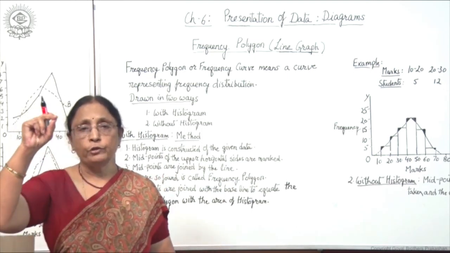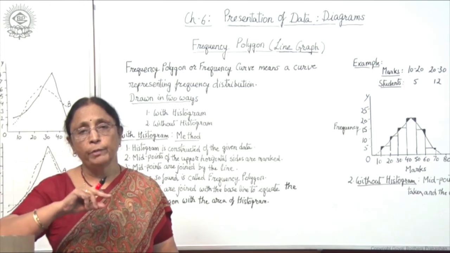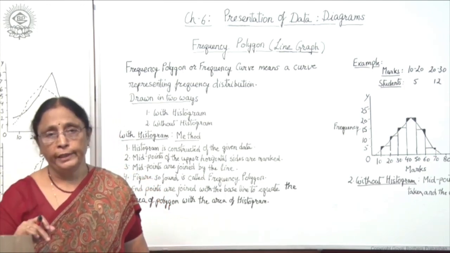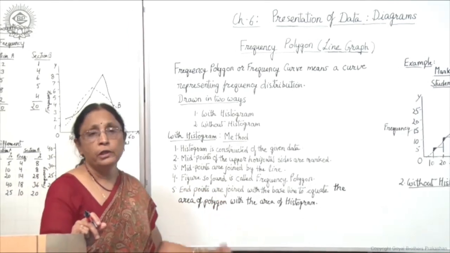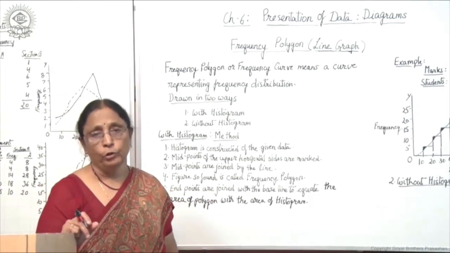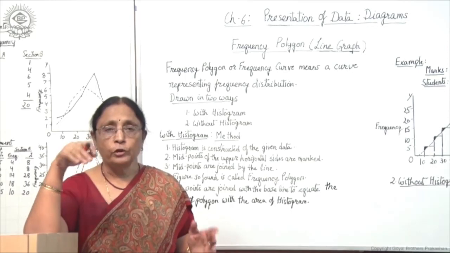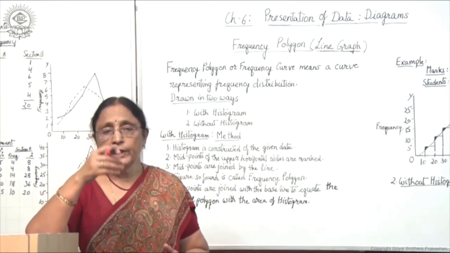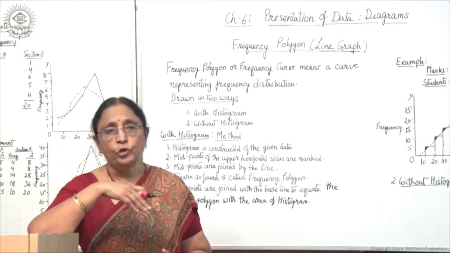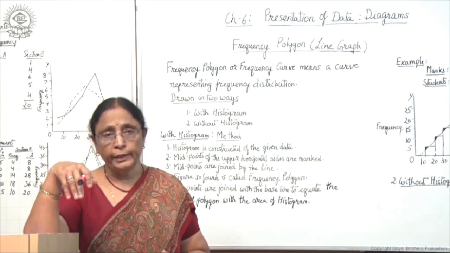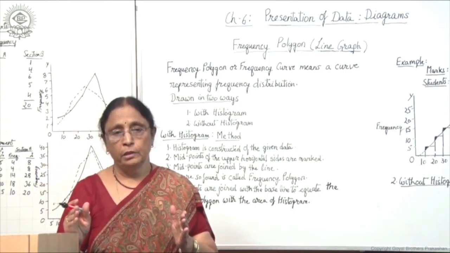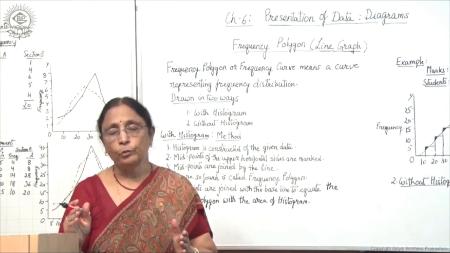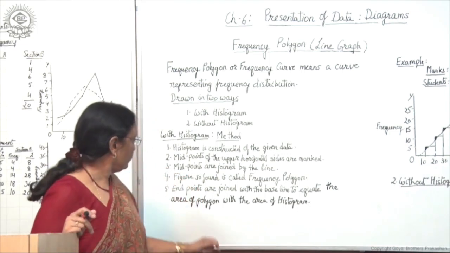All the midpoints of the rectangles are then joined by a freehand line or freehand curve. The figure so found is called a frequency polygon. That means first you have drawn the histogram, then taken the midpoints, joined them with a line or curve, and the figure thus obtained is known as a frequency polygon.